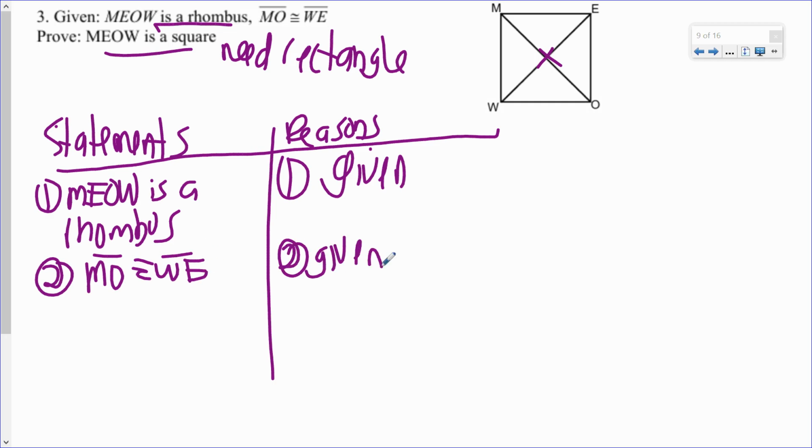So I've got my rhombus, which supersedes the parallelogram. If it's a rhombus, then it's already a parallelogram. I got my rhombus. I got my rectangle proof. I can state that MEOW is a square.